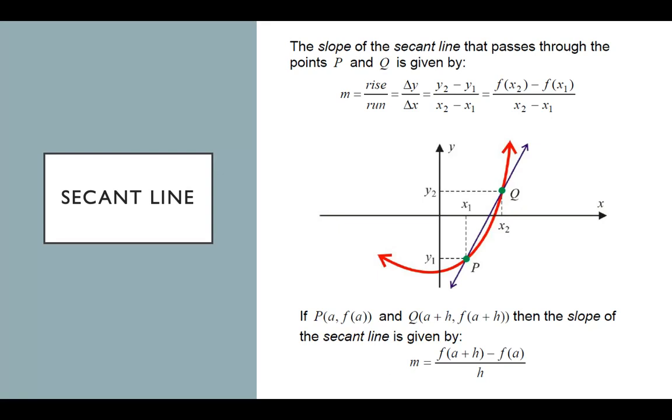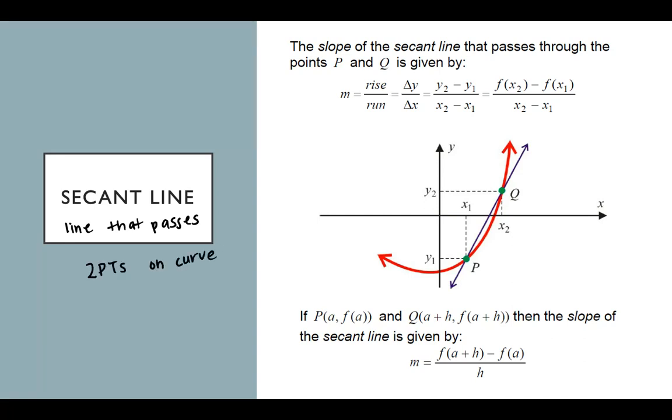So let's take a look at the secant line. A secant line is a line that passes through 2 points on a curve.